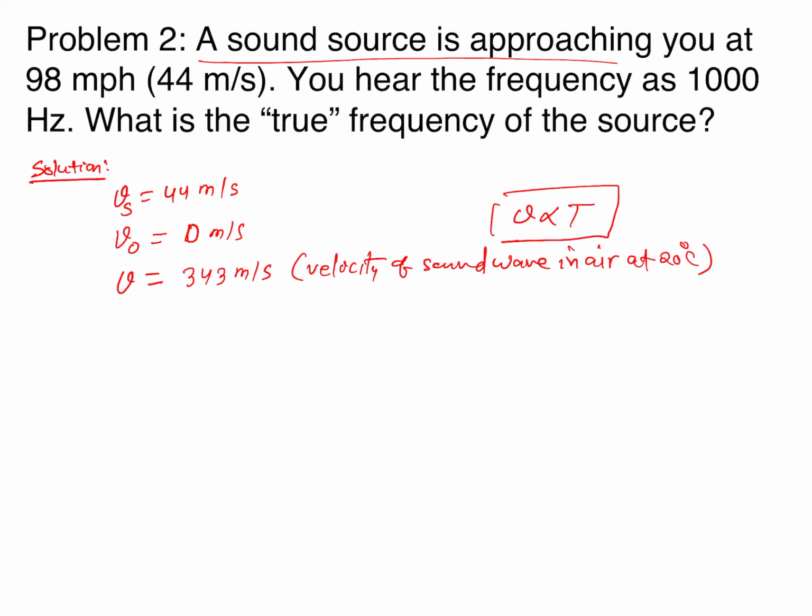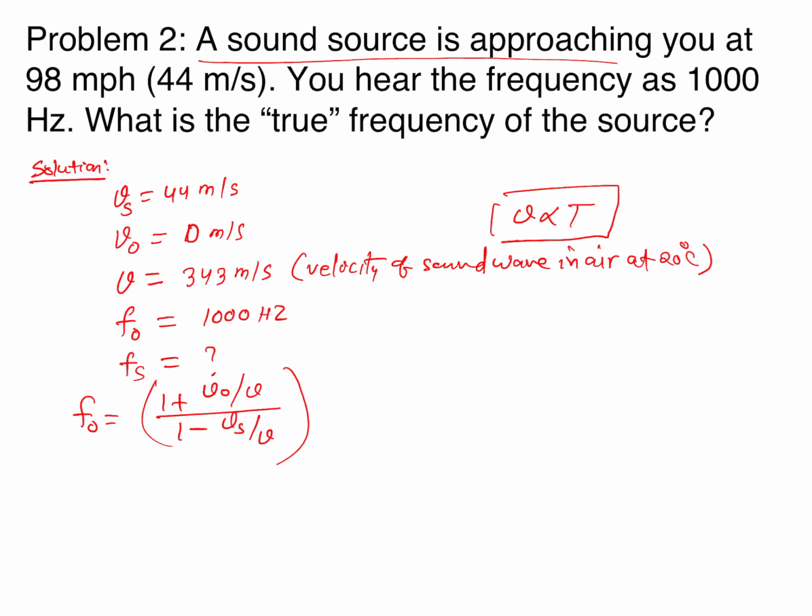You need to find the true frequency of the source. You know f naught, the frequency observed by the observer, is 1000 hertz. But what is the frequency emitted by the source? Use this formula: f naught is 1 plus v naught over v, over 1 minus vs over v, times fs, the source frequency.